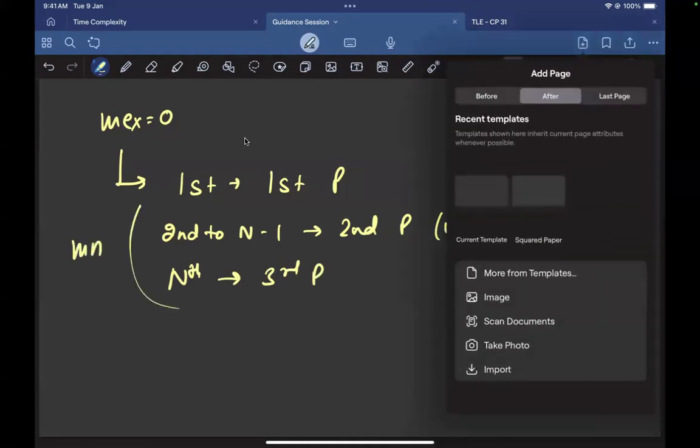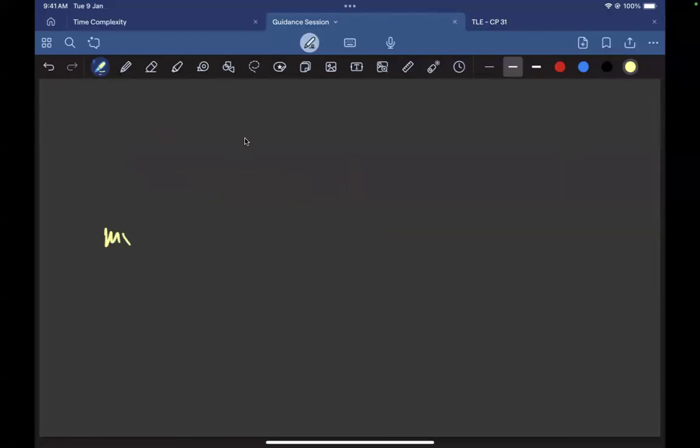And what is mx value? Mx value is equal to whatever is the lowest value in your array, that before that value, all the left sum, and after that value, all the right sum. On all possibilities, this is the answer. Is this clear? This is for max equals to 0.